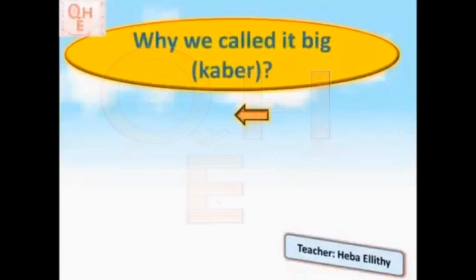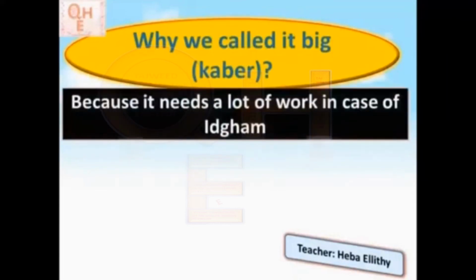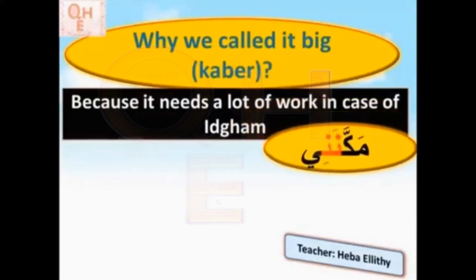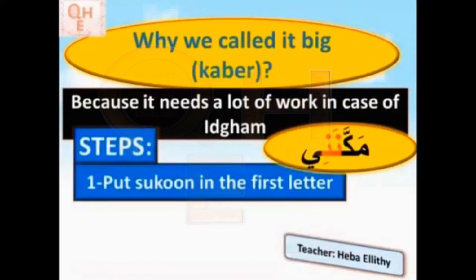Why do we call this kind of relationship كبير? Because it needs a lot of work in case of إدغام. When I make إدغام, I need a lot of work. Like word مكنني, this is the main word. What are the steps I made on it? Number one, I put سكون on the first letter of noon instead of فتحة. مكن instead of مكنة.